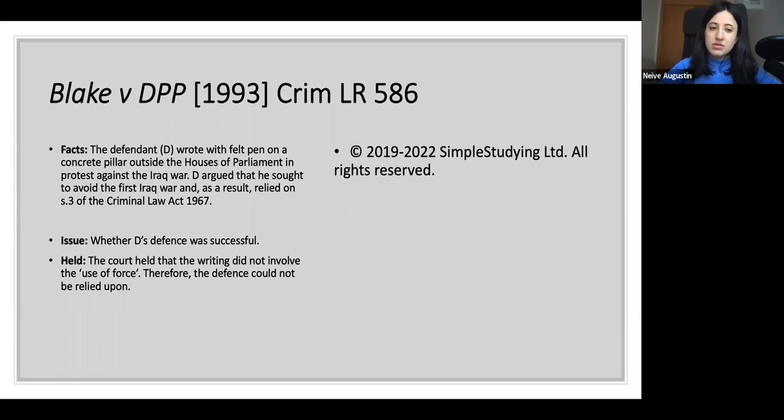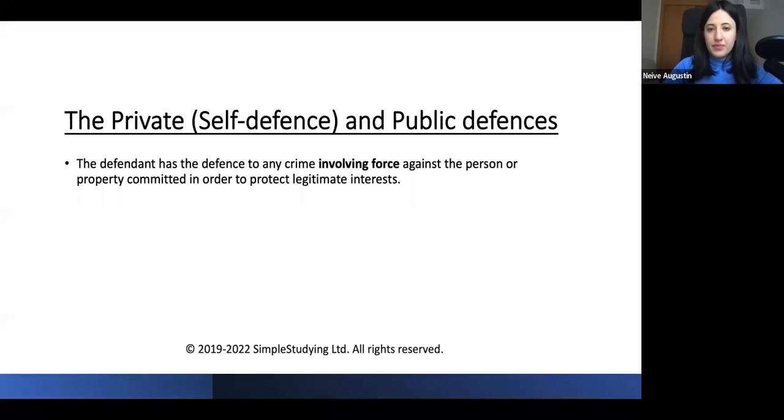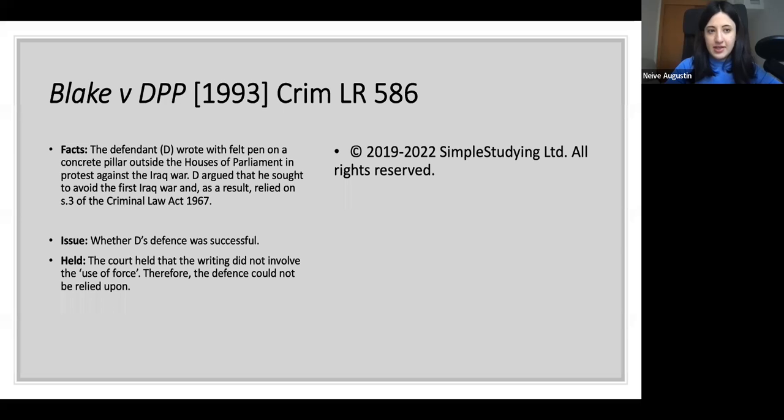The court held that the writing did not involve the use of force, therefore the defense could not be relied upon. Hence, for this defense to be established, there has to be a use of force. If there is no force, this defense cannot be established. And you need to cite this case to argue that point, Blake versus DPP.